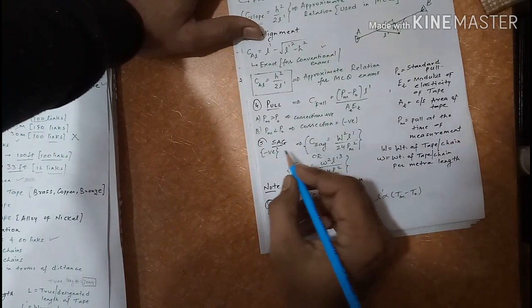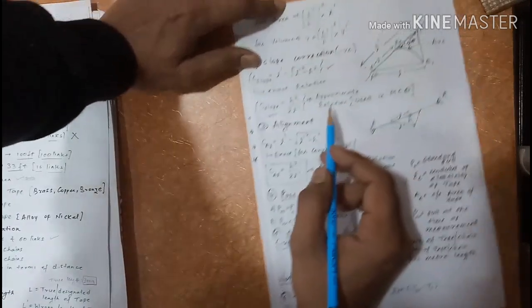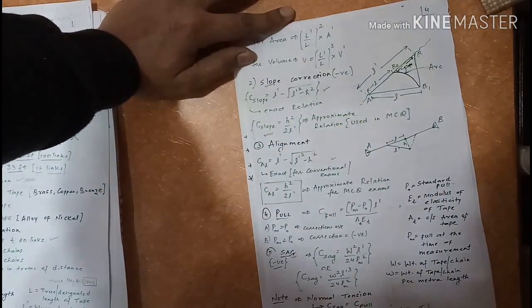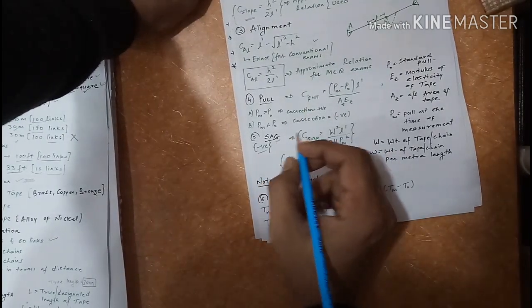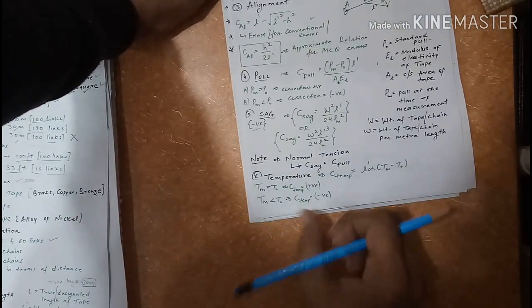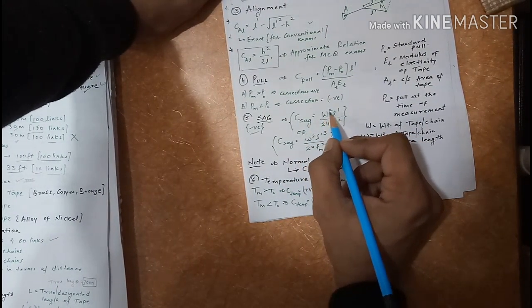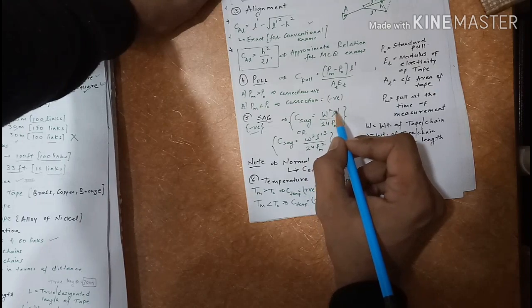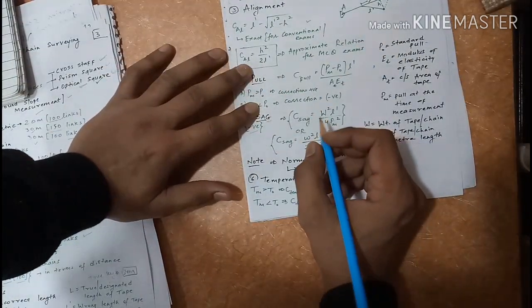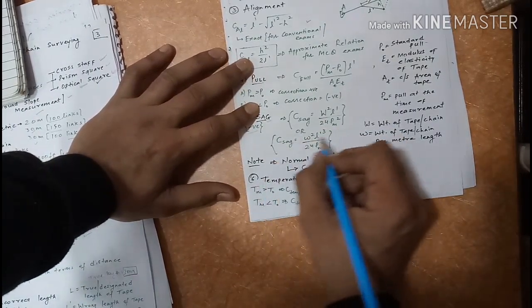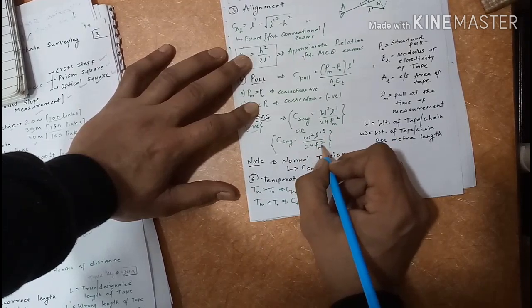Now the next one is correction due to sag. This is always negative correction. Slope correction will also be negative always. Slope and sag are the 2 corrections that are always negative in nature. Now the sag correction is W square L dash upon 24 PM square, or we can also use it like C sag is equal to w square L dash cube upon 24 PM square.